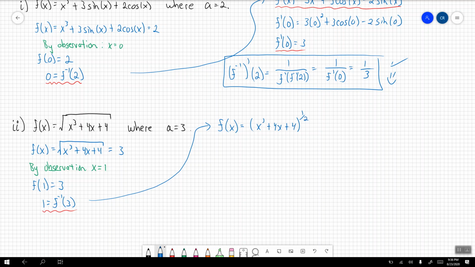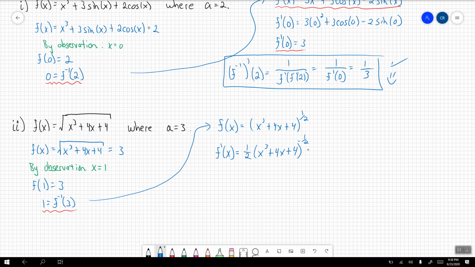Now, in order to take the derivative, I need to apply the power rule and the chain rule. So let's go through a quick power and chain rule. Drop the exponent forward. Keep the inside the same. Subtract 1 from the exponent. A half minus 1 gets us negative 1/2.